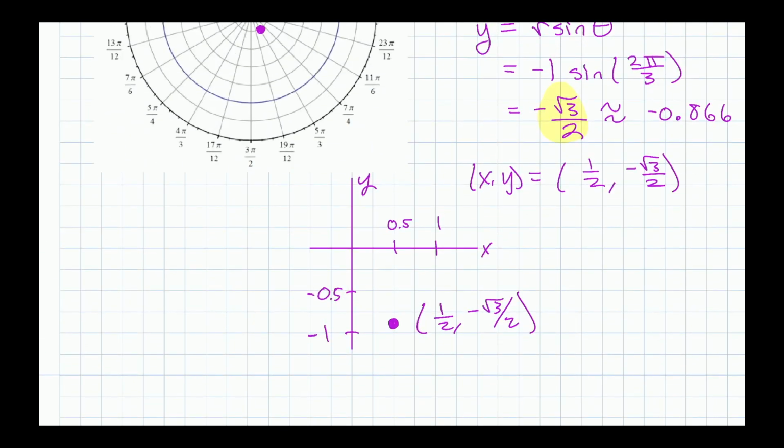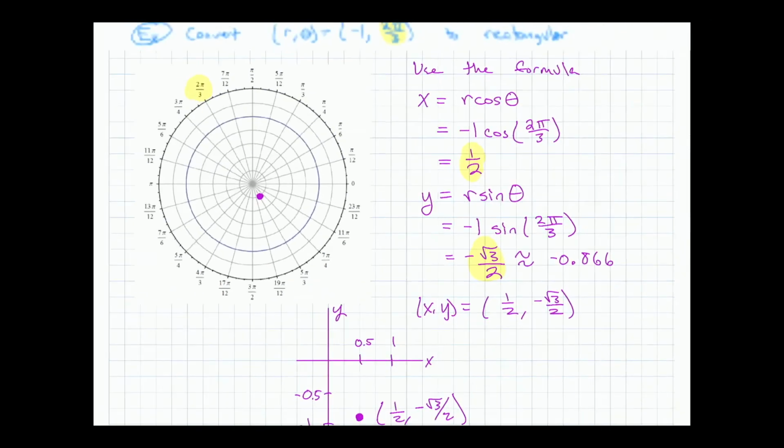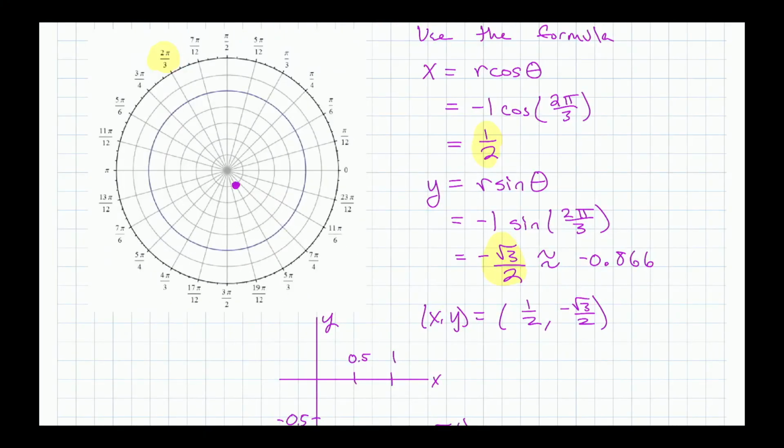Okay, we're good. So that's how you convert from polar to Cartesian. That's the easy direction, though. So now what we have to do is talk about how to go back the other way.